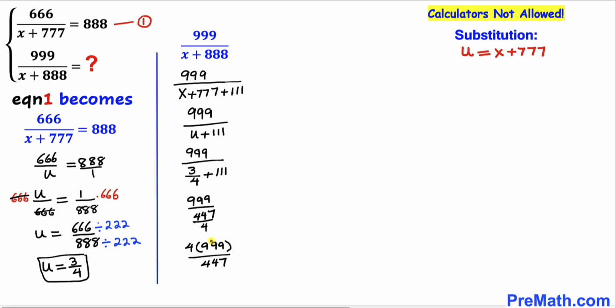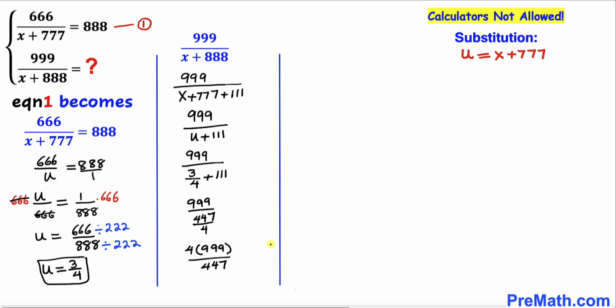And now let's focus on this 999. We could write this one as 1000 minus 1. So therefore we can write this expression as 4 times 1000 minus 1, divided by 447.